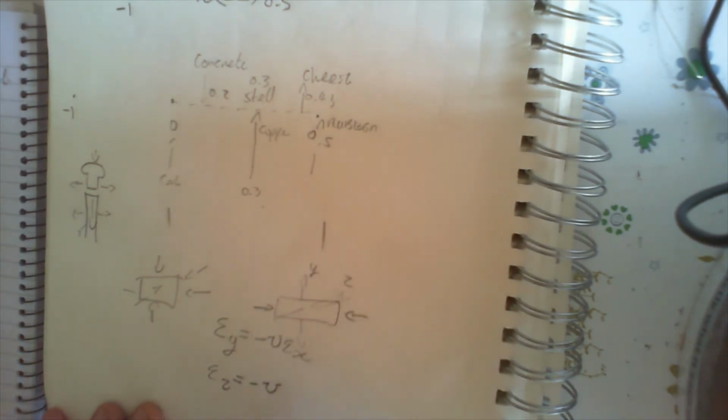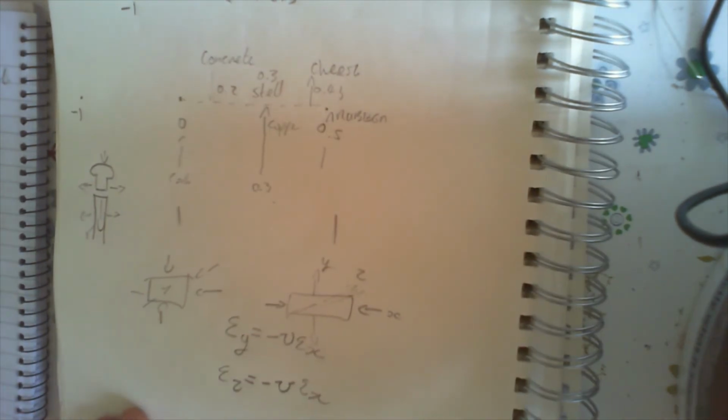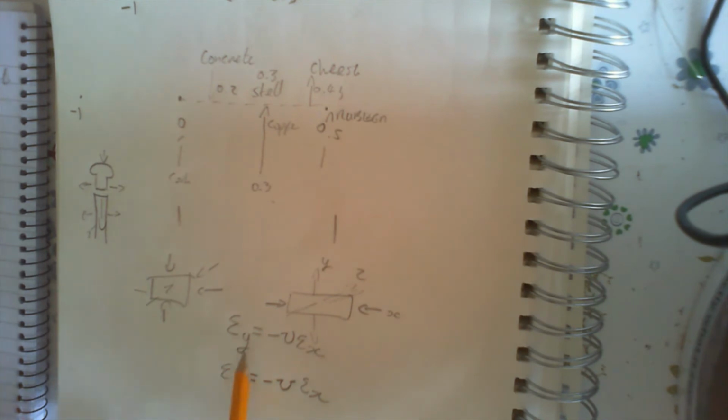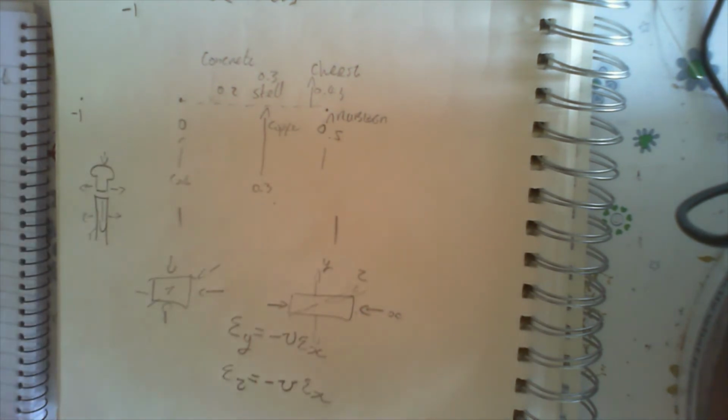Remember, because that's getting smaller, that's why that's negative in comparison to the x. Hope you can see that, and that's making sense. So the strain in the y direction is equal to this minus Poisson's ratio because it's getting smaller. If that's compressing, that would actually be getting bigger. Or if it's pulling away, that would be getting smaller. So that's why you have this negative, because it's always opposite to the longitudinal.